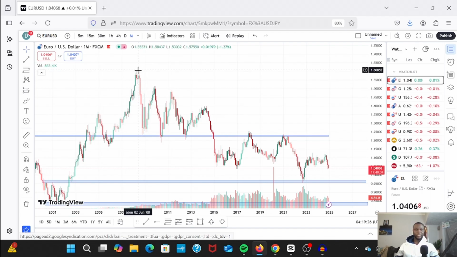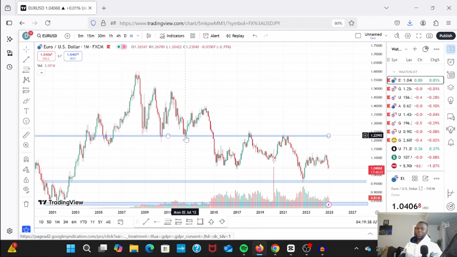You can see we have lower high, lower low, lower high, lower low, lower high, lower low. Probably the lower low was standing on the same base as the previous low. So you see, lower high, we're having lower low. So yeah, we're having a bearish trend.